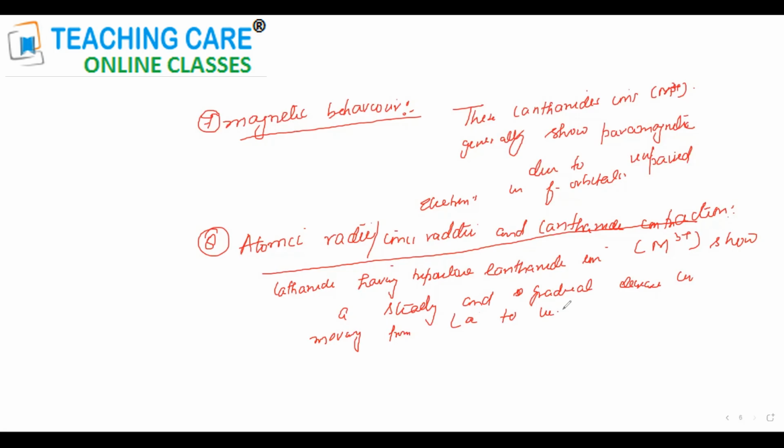So there is a decrease in the atomic radii as we move from left to right in the lanthanide series of the periodic table, due to increase in the effective nuclear charge. Okay, got it?